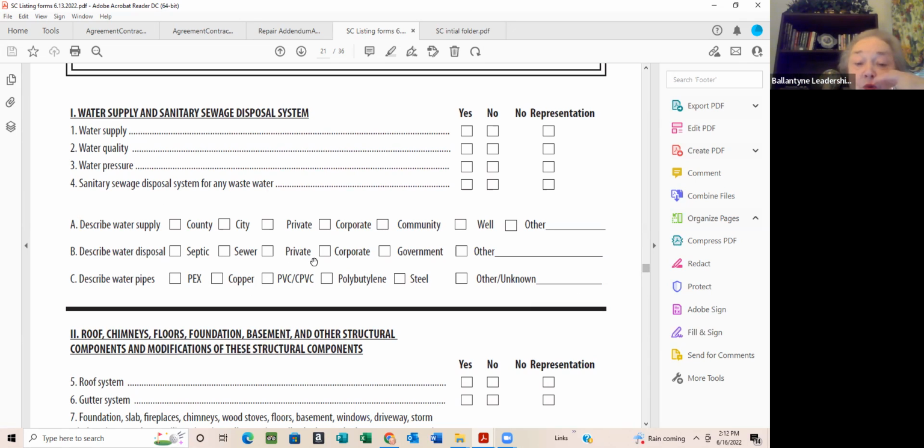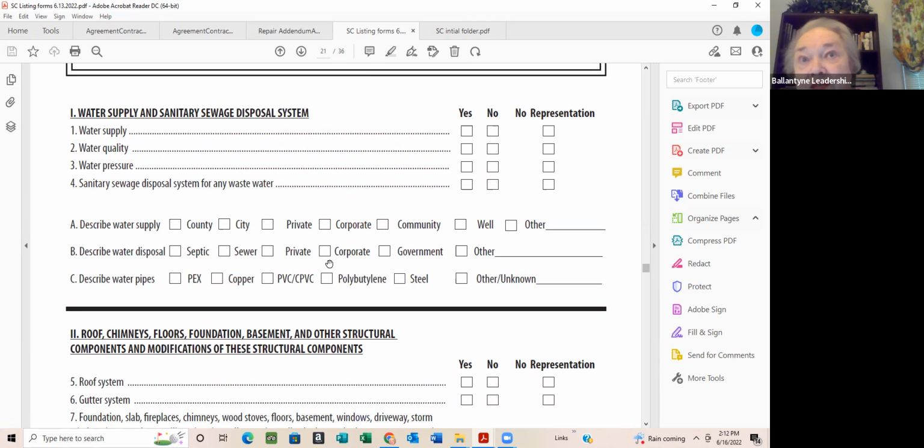Is it private? Is it corporate? Corporate would be like a condo, or it could be a community service. So if you'll go ahead and get your seller to fill this out, and you do the septic or sewer and water disclosure, then between the two of you, hopefully you'll find the truth of the matter.